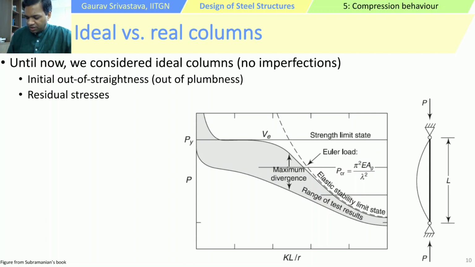Now, if we consider this figure, this is plotted between the load versus the slenderness ratio. If we try to trace out the ideal column behavior, it will be like this.